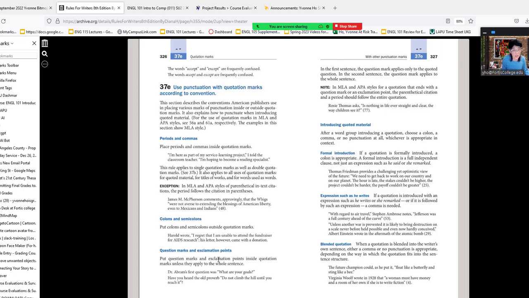Question marks and exclamation points. Put question marks and exclamation points inside quotation marks. So Dr. Abrams' first question was, "What are your goals?" Unless they apply to the whole sentence.